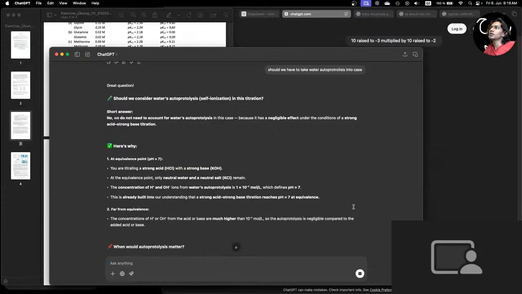No, we do not need to account for water's autoprotolysis in this case because it has a negligible effect under conditions of strong acid and strong base titration.